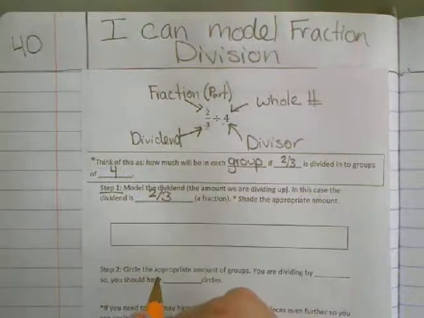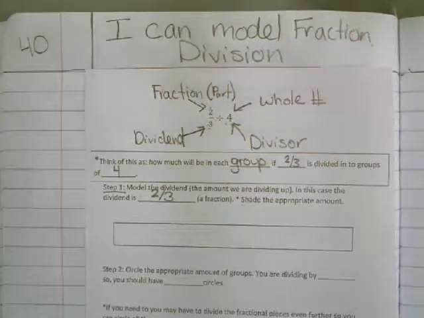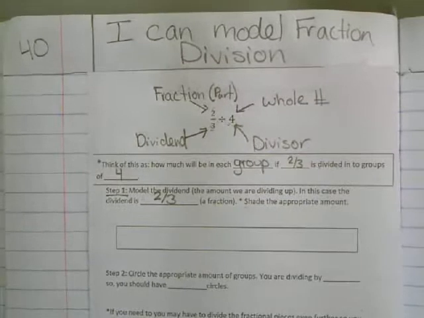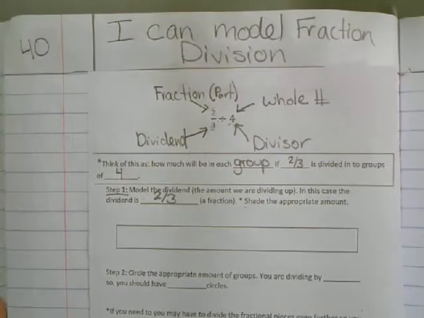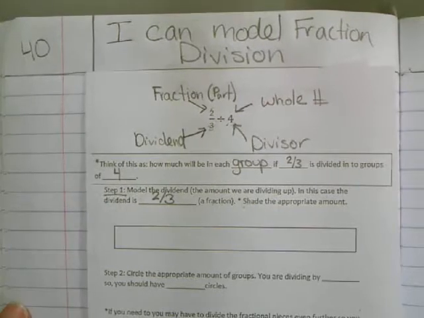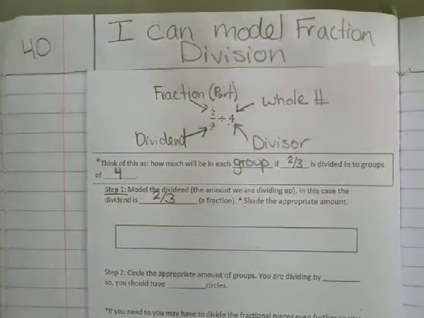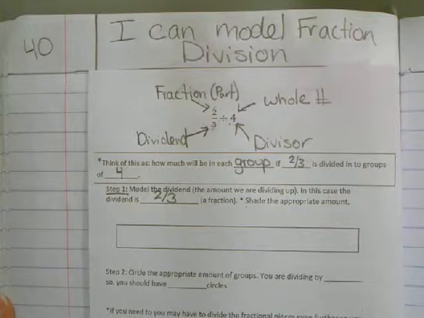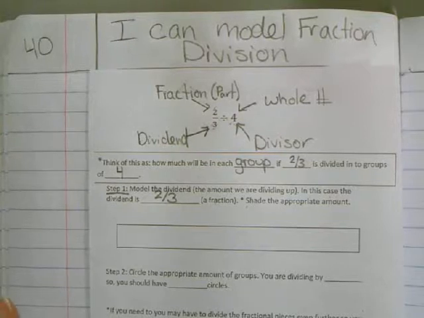Okay, so let me ask you this question. Is 2/3 more than 1 or less than 1? Erica? More. 2/3 is more than 1, 1 being a whole number? So if I have 2/3 of a pie, that's more than 1 whole pie?